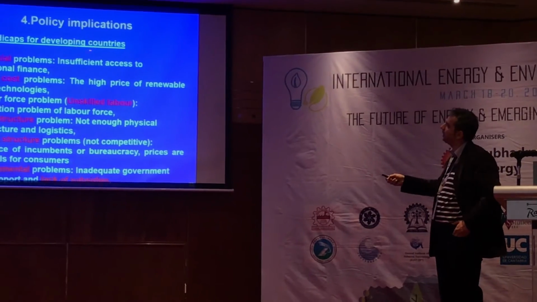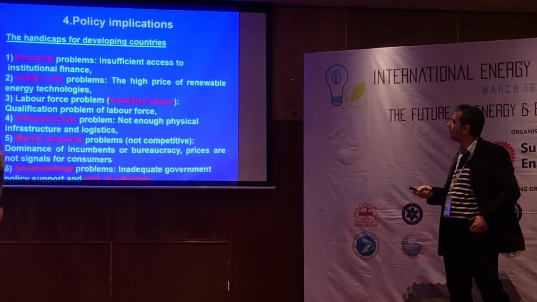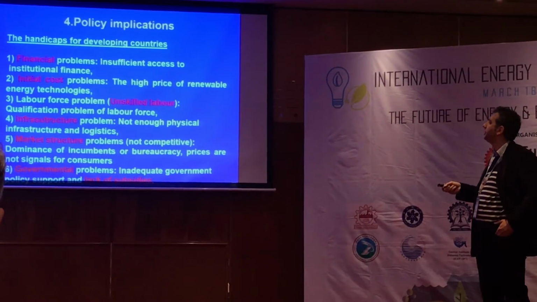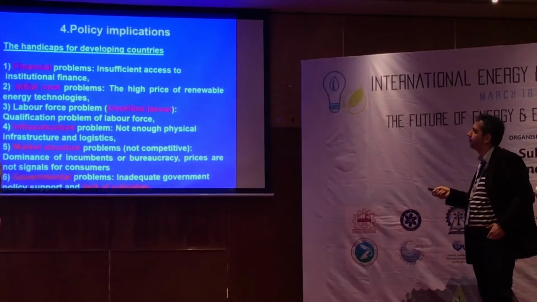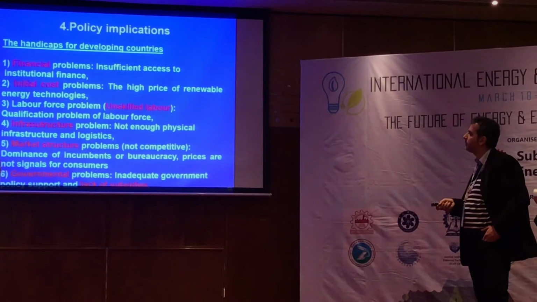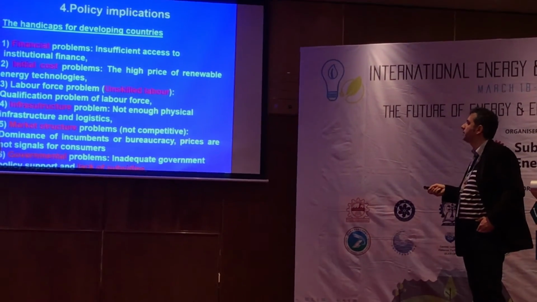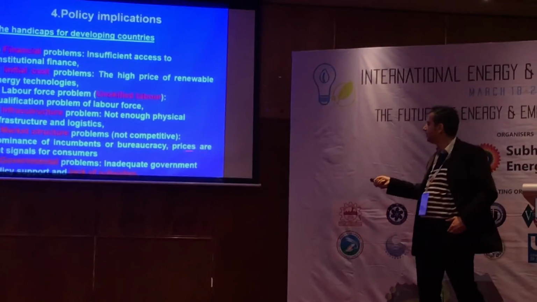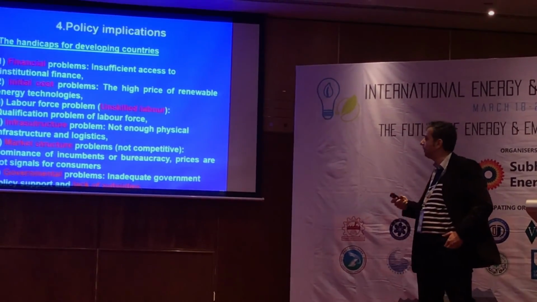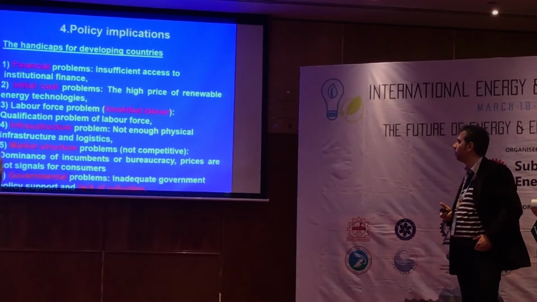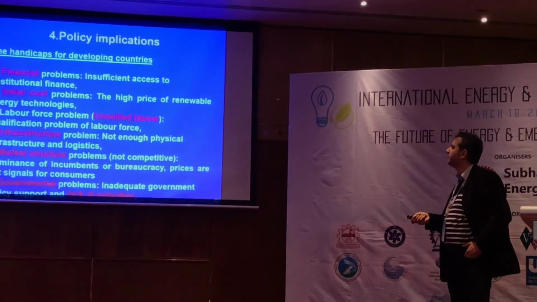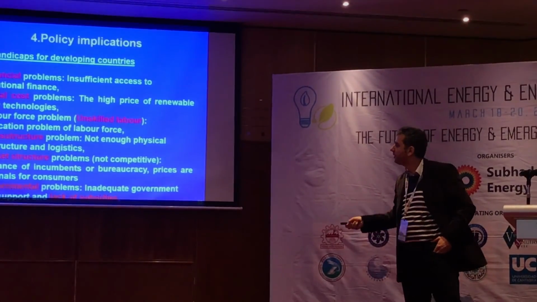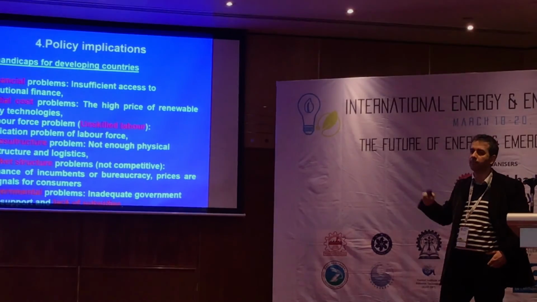And for the policy implications, developing countries are faced with financial problems, initial cost problems, unskilled labor, infrastructure problems, and market structure problems. For example, it's not a competitive market, bureaucracy is slow, and there are some governmental problems, for example, lack of subsidies. If these preparations are made, economic growth should be much better.